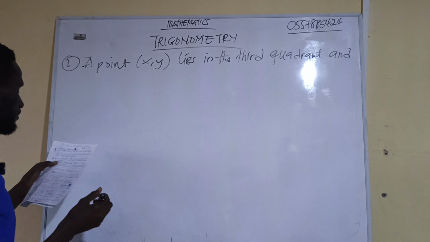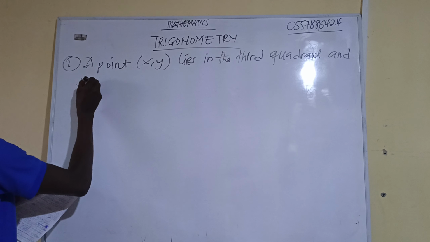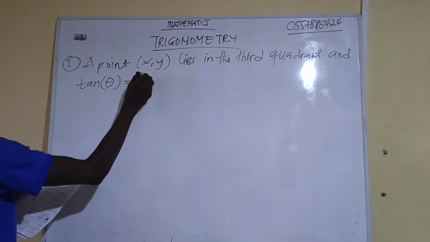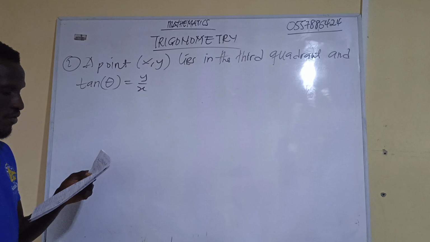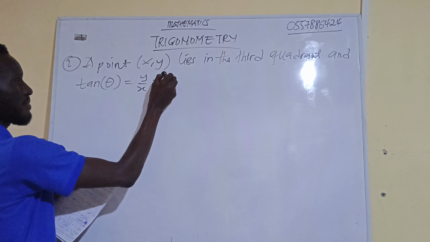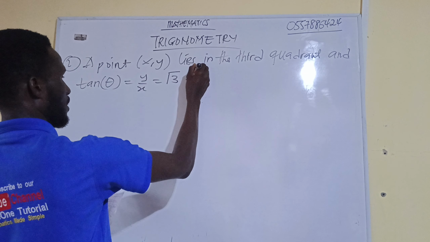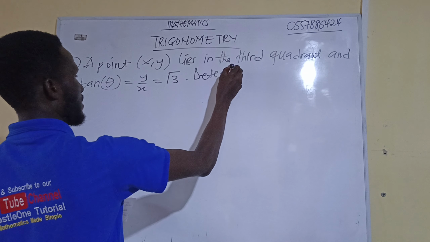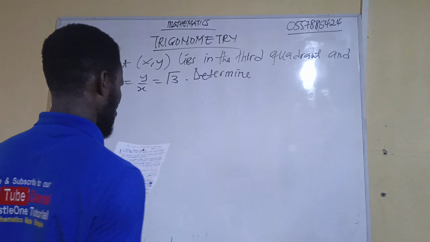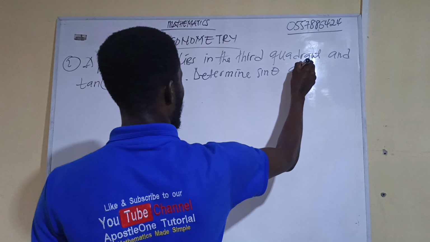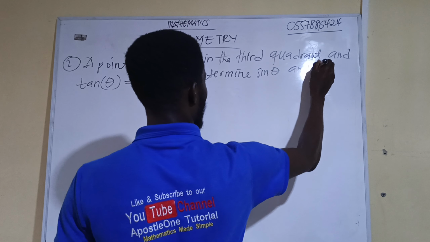And tan theta, it is given as y over x, which is the same as root 3. Determine sin theta and cos theta.